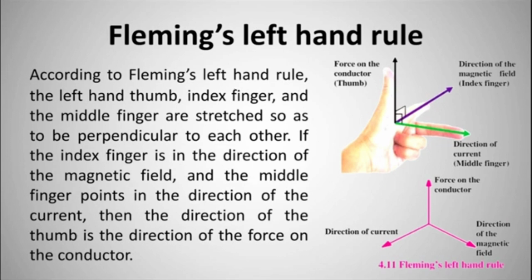If the index finger is in the direction of the magnetic field and the middle finger points in the direction of the current, then the direction of the thumb is the direction of the force on the conductor. Thus, Fleming's left hand rule shows us that the direction of the current, magnetic field and that of the force on the conductor are perpendicular to each other.